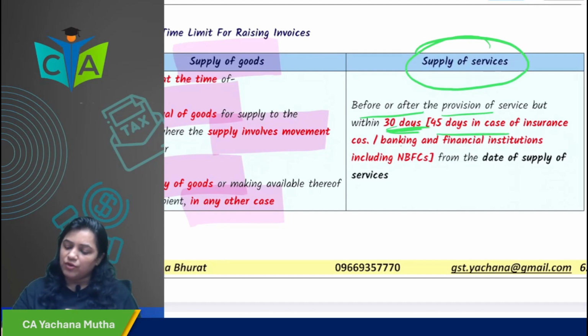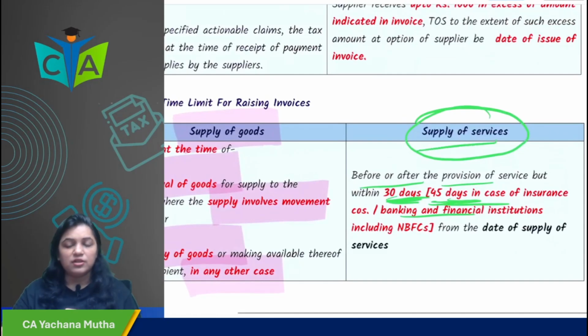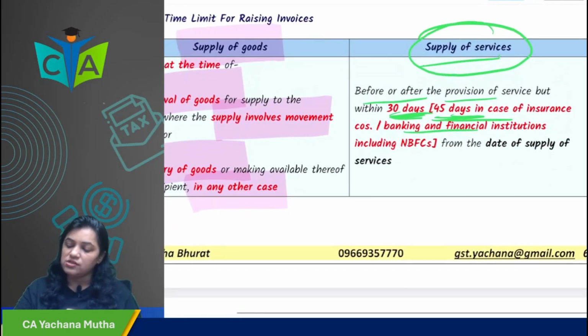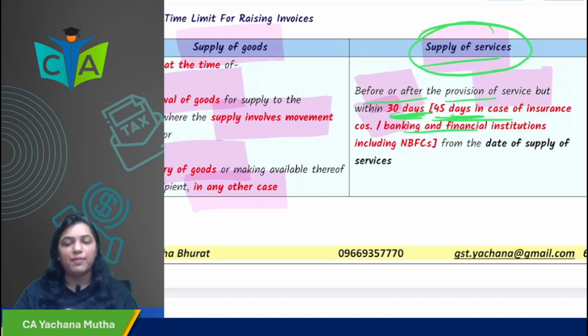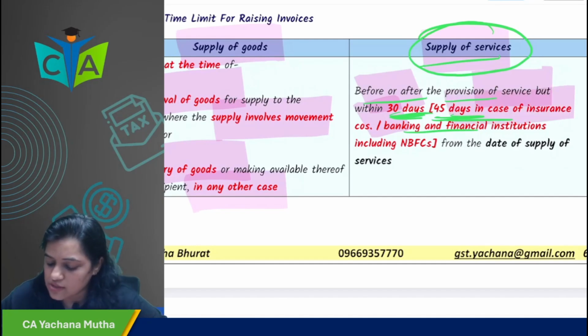But in case of insurance, banking company, financial institute, including NBFC, it is 45 days from the date of supply of service. Others, it is 30 days.